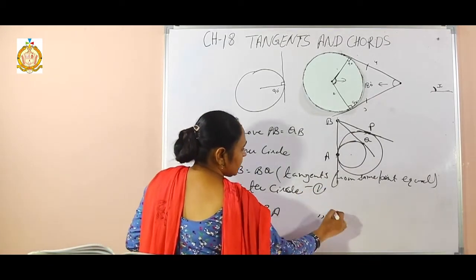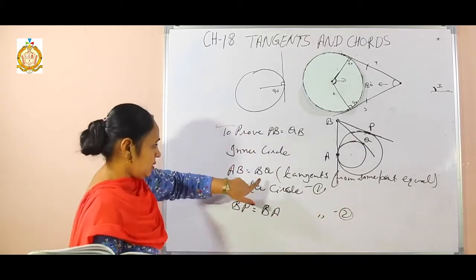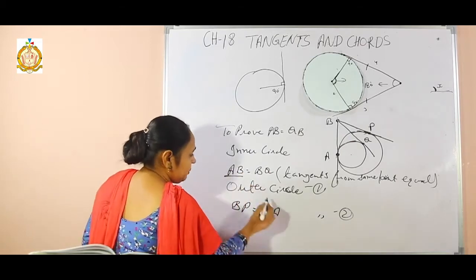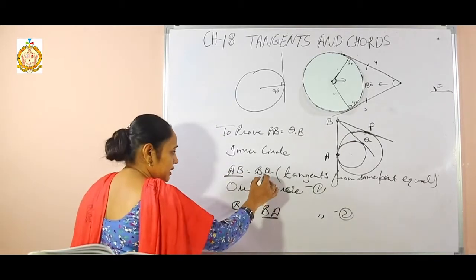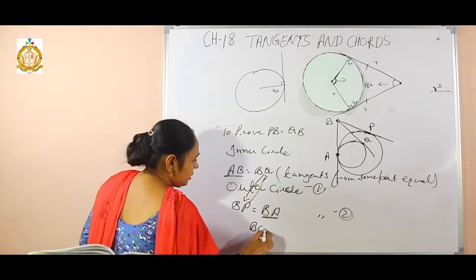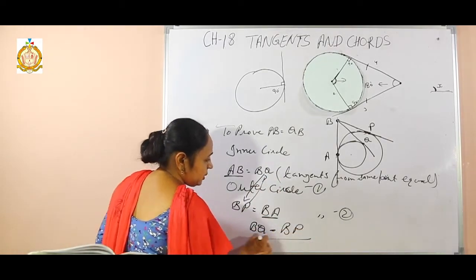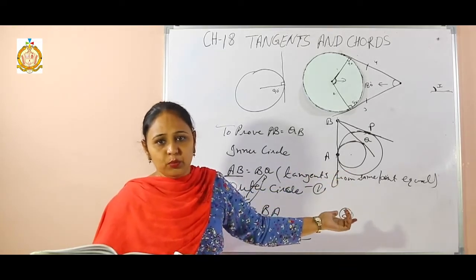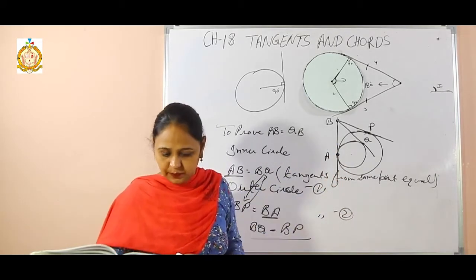Now this is first and this is second. AB and AB are equal, so these two are also equal. We can prove from first and second that BQ equals BP. Just proved one property: equal tangents from a common point to the same circle.